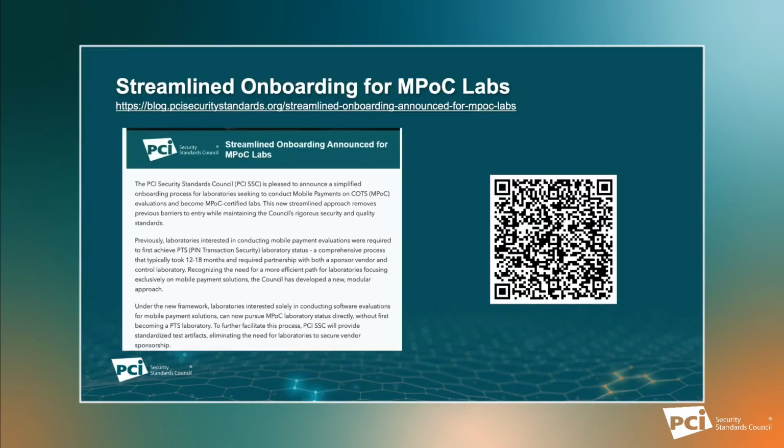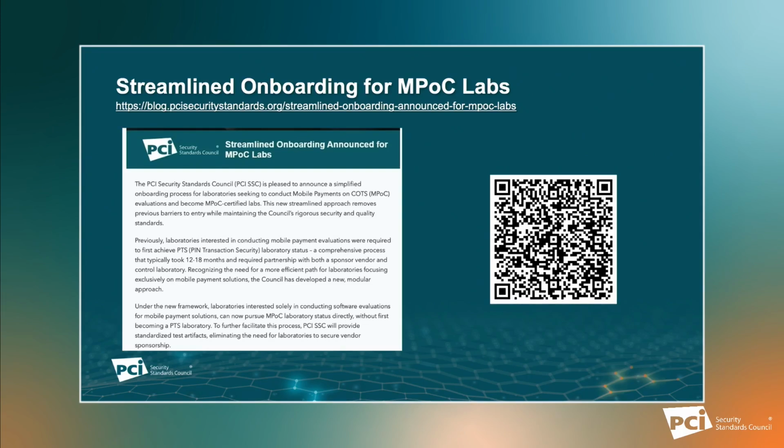And as I mentioned at the end, QR code. So there is a new streamlined onboarding process for labs. So folks, I don't know how familiar you are with the lab process. It was the case that they needed to first, as a prerequisite, be a PTS lab. And that's kind of the original lab designation for PIN transaction security.